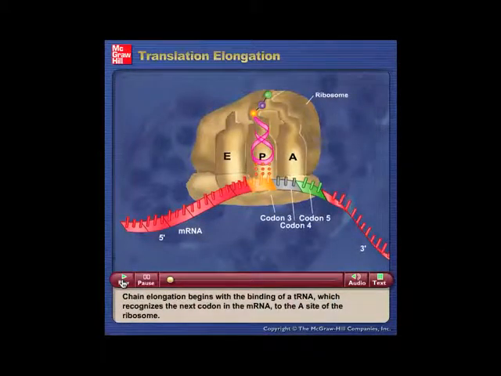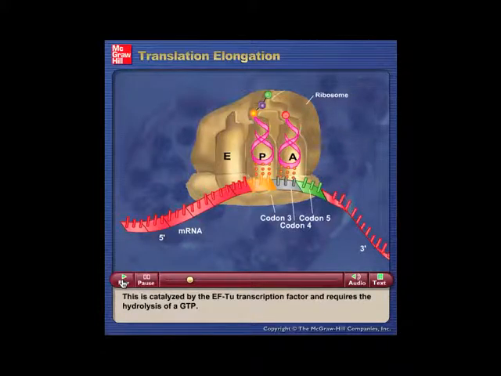Chain elongation begins with the binding of a tRNA, which recognizes the next codon in the mRNA to the A site of the ribosome. This is catalyzed by the EF-Tu elongation factor and requires the hydrolysis of a GTP.